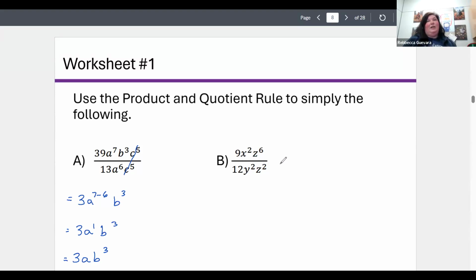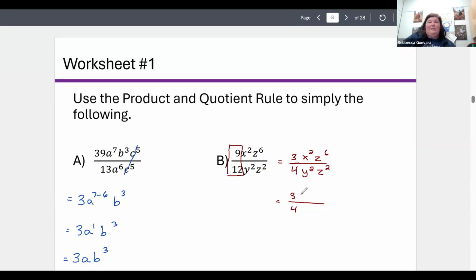So here we have 9 over 12. This is a little different. So the 9 over the 12, we just need to simplify that down. So both of these are divisible by 3. So that's just going to simplify down to 3 over 4. We have 3 over 4, and we see we have an x.